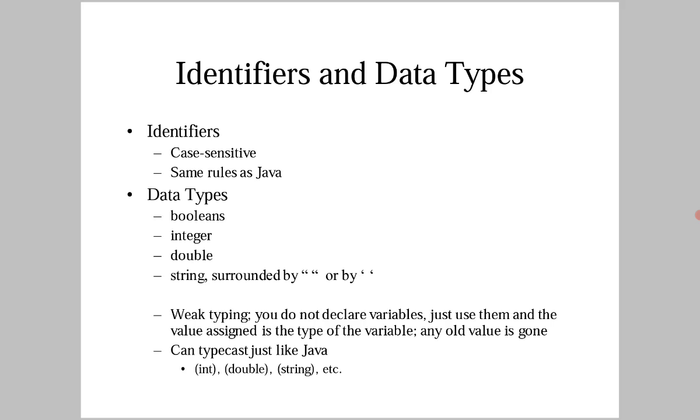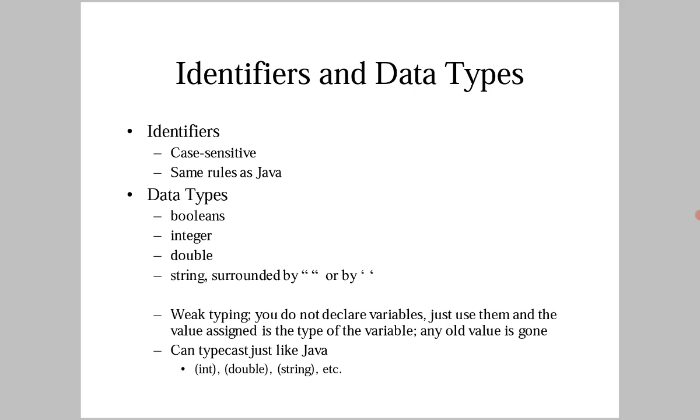Strings are used with double quotes or single quotes. PHP is weakly typed, and can typecast just like Java. As you know, int is a data type in C language, so the data types are almost the same in C and Java.